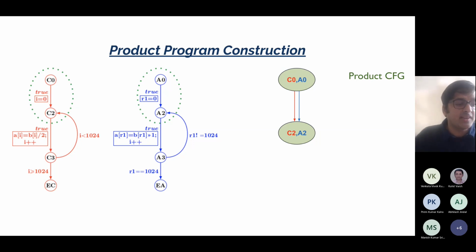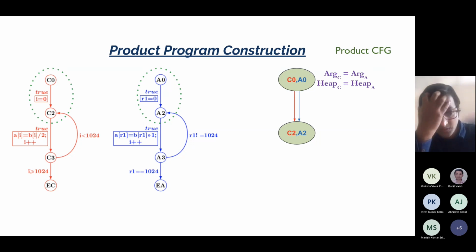For example, at C0A0, just before the programs start executing, we can assume that the arguments of the two programs are equal. Similarly, we can assume that the heap states are identical in both programs at entry, for the programs to be equivalent. As we construct the product CFG correlations, we can also infer the invariants at the intermediate nodes.